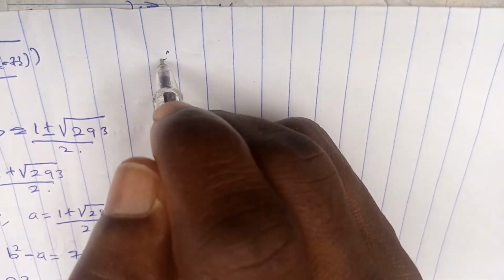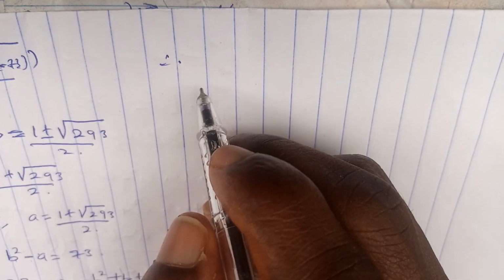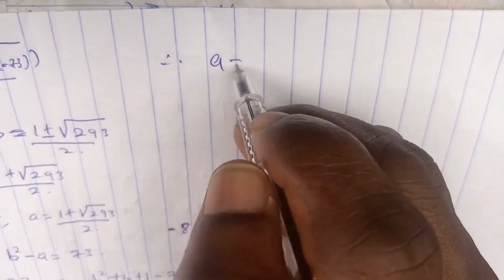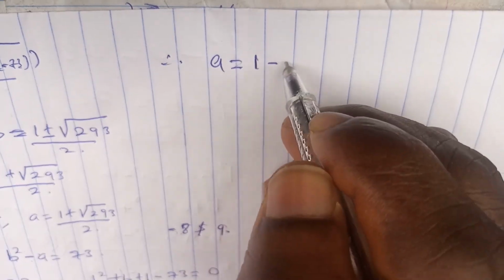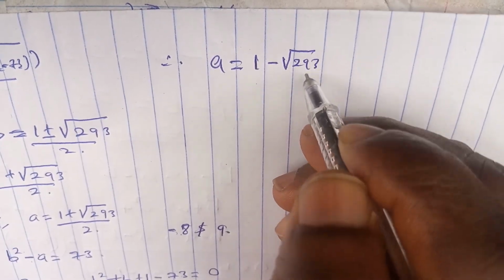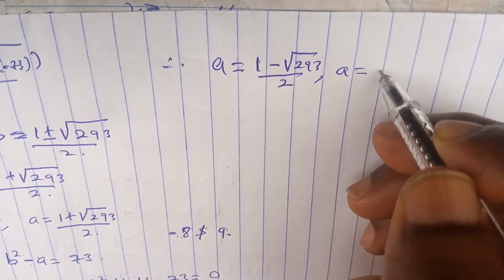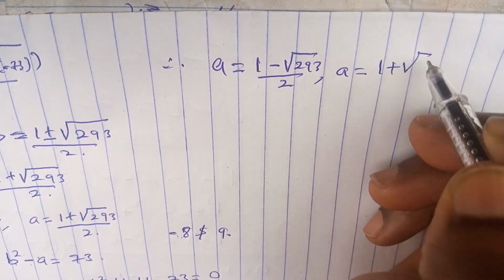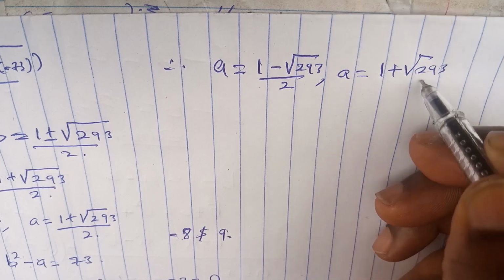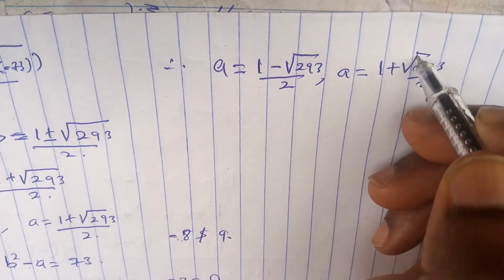Therefore, all the possible values of a and b: a equals 1 minus root of 293 divided by 2, and a also equals 1 plus root of 293 divided by 2.